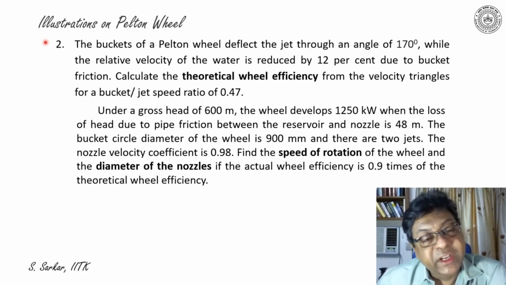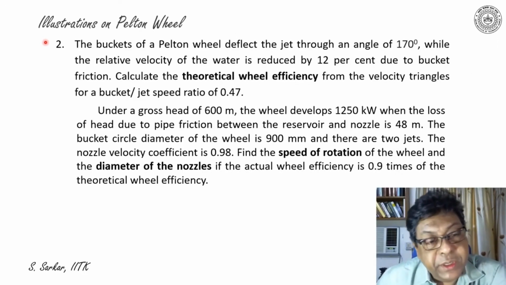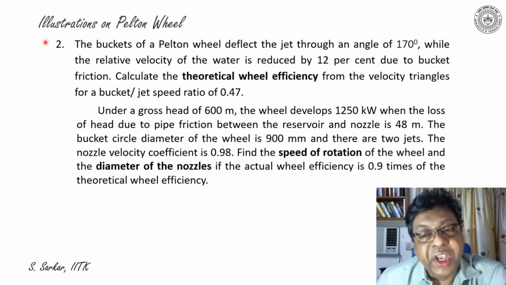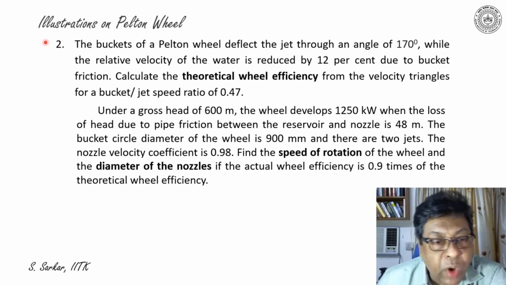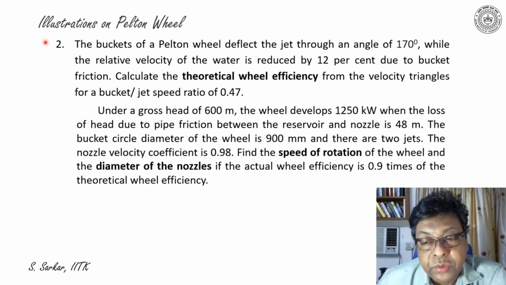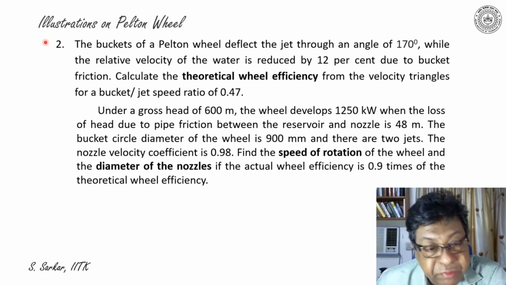I'll solve the second problem now. The statement of the problem is: the buckets of a Pelton wheel deflect the jet through an angle of 170 degree, while the relative velocity of water is reduced by 12% due to the bucket friction.